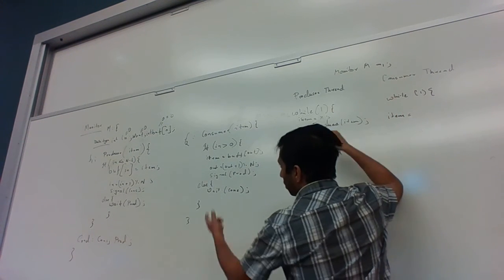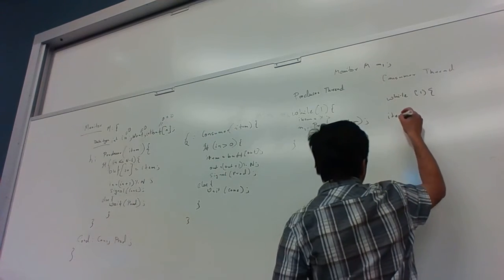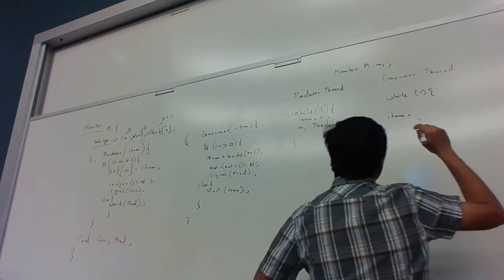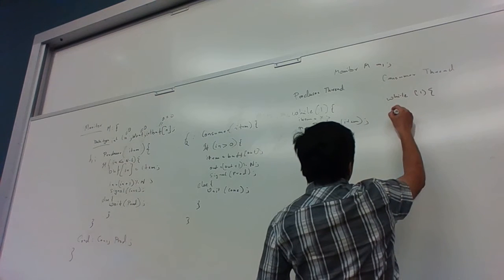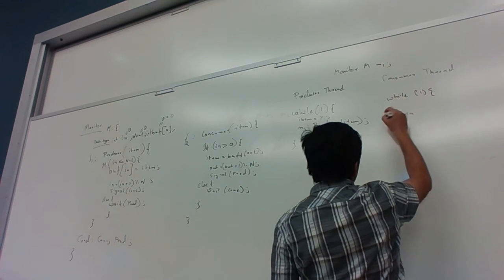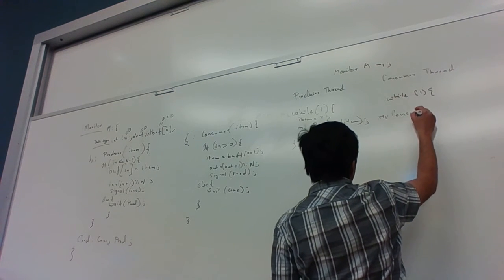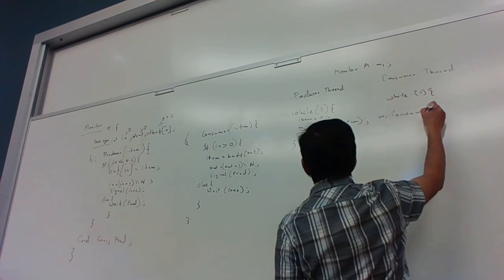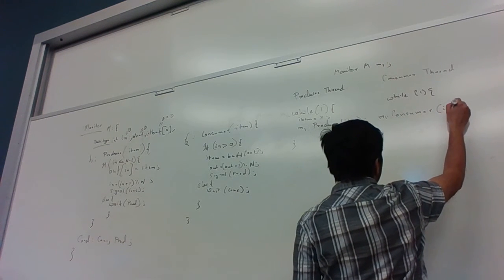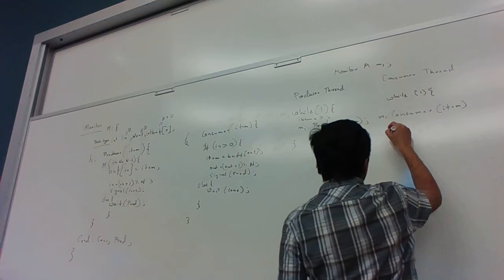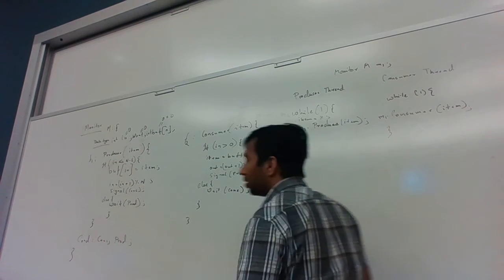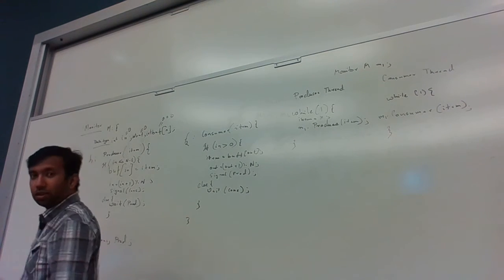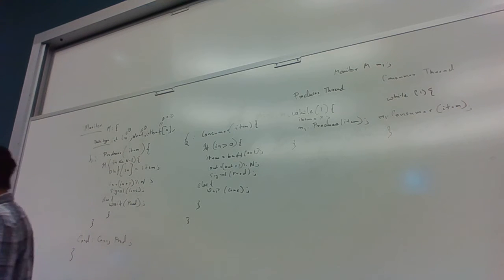The consumer calls M1 dot consume, with an item, or maybe you can have an output, it doesn't matter. So this is the whole solution. You should not write part of the solution.